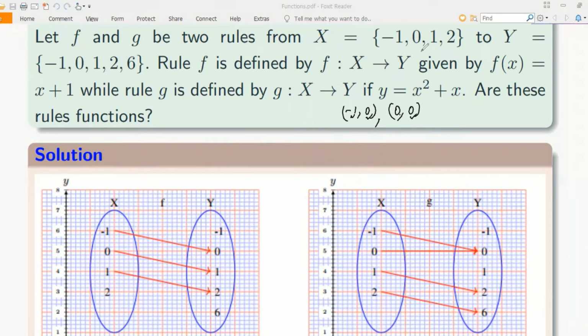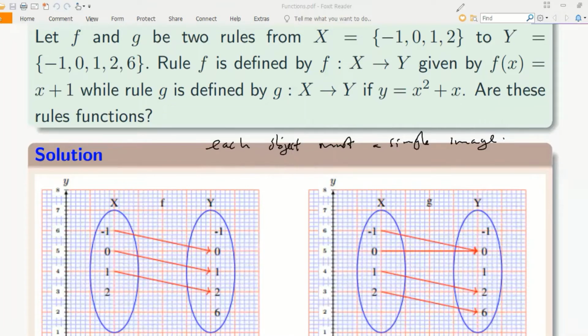So you may want to refer to the definition, because the definition says that each object must have a single image. That is what the definition talks about. So just check, does this object have one image? What about this one? Does it have one image?